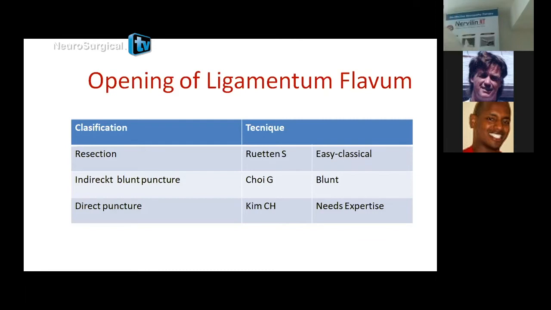But I never tried and I will not try. Direct puncture: in this technique, they go to the ligamentum flavum and put the endoscope, and sometimes with RF they make a hole, and the water pressure takes the neural structures out and then they cut. This is logical.